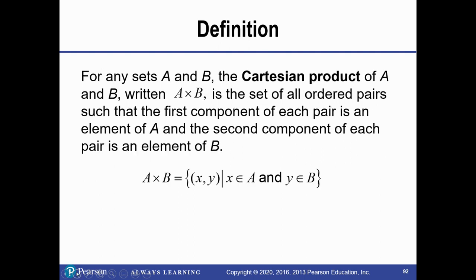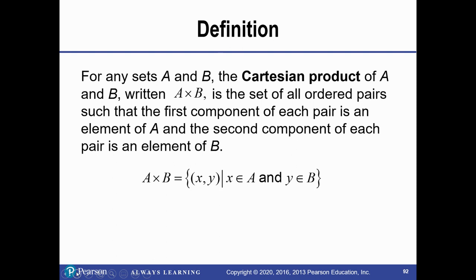And here's our formal definition of a Cartesian product, notated with the 2 sets and an X between them. The order that the sets are listed is important because we have A cross B, and that's how we would say this, A cross B, where A is listed first.